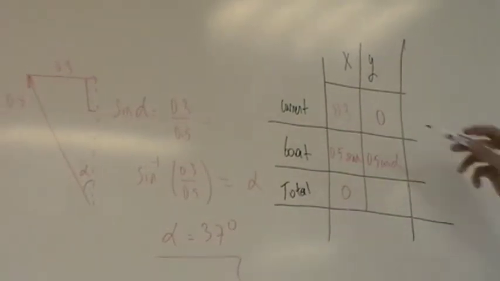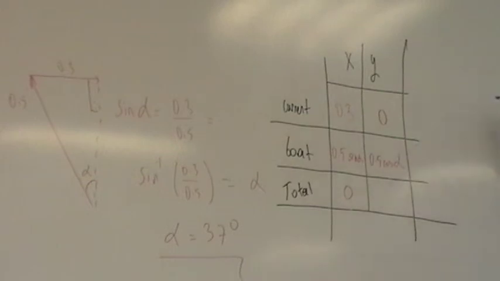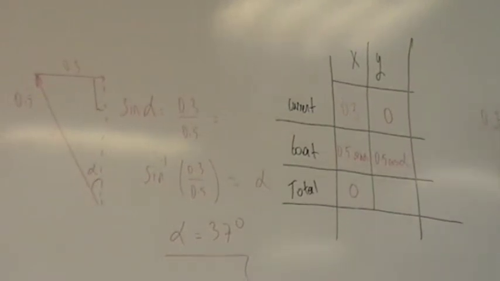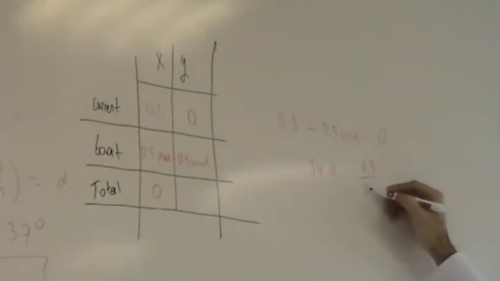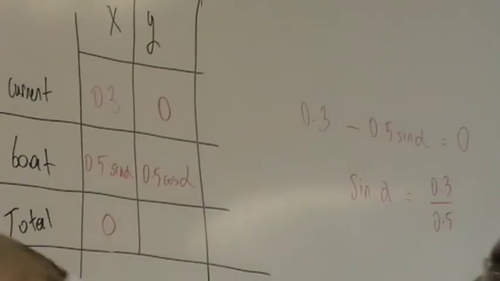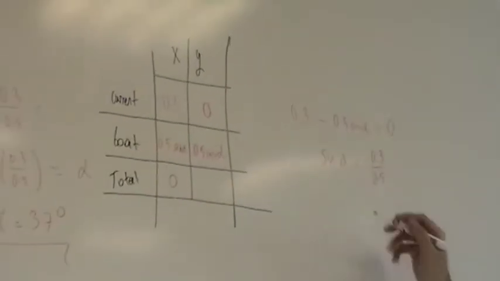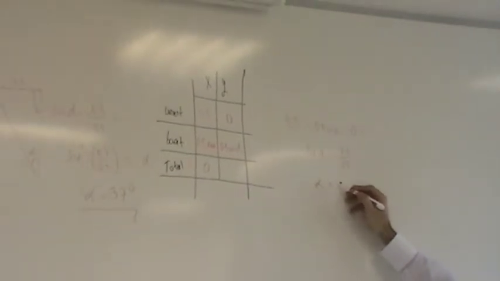Now using the equation, 0.3 minus 0.5 sine of alpha should give you 0, and now you can get sine alpha as 0.3 over 0.5, the same answer as before, and you will get the angle as 37.